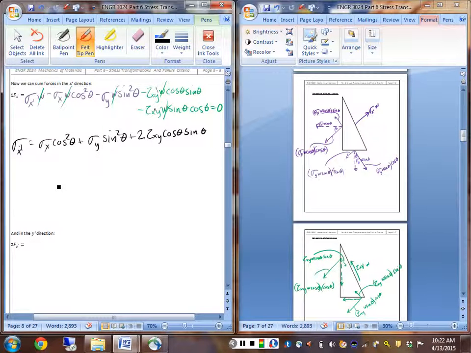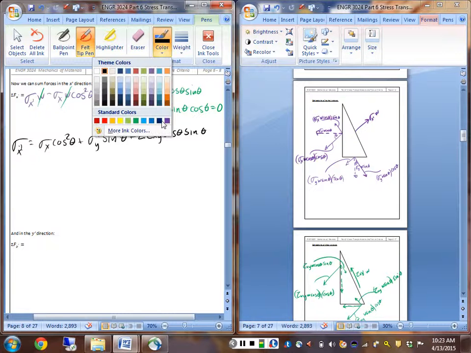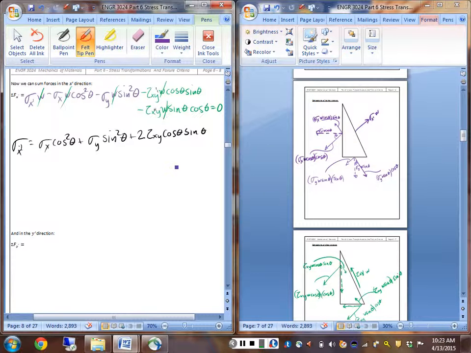So now we need to sum in our y prime direction. So what do we got in y prime? Starting here, we've got this guy is a plus, so plus sigma x, and that's a cross term, w cos theta sine theta.